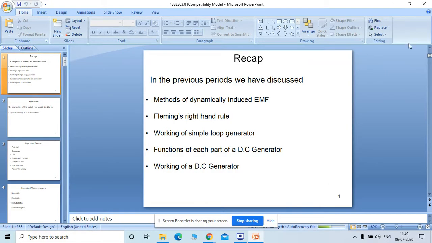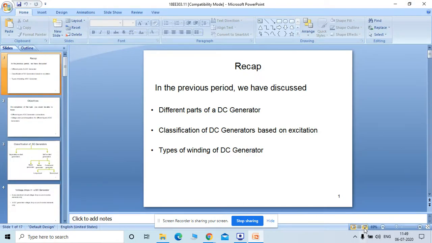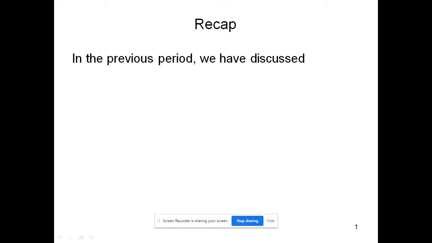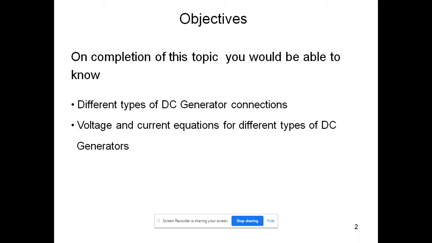Now let us go to the next topic, that is the different types of DC generator connections. Voltage and current equations for different types of DC generators.